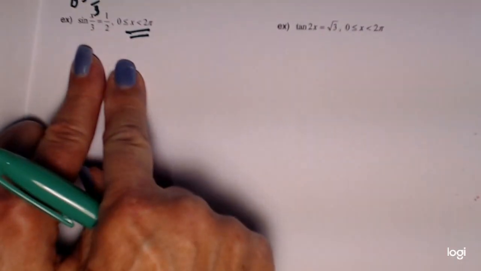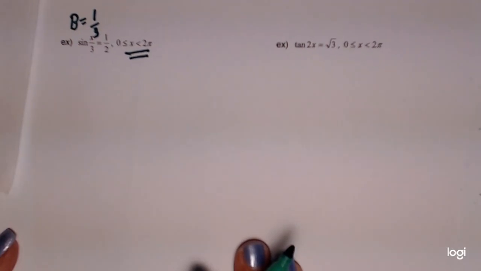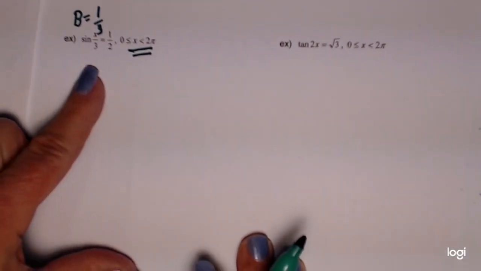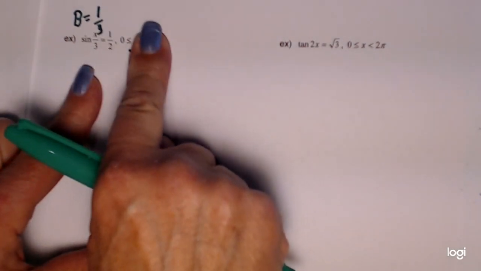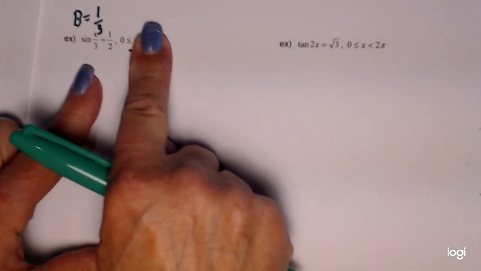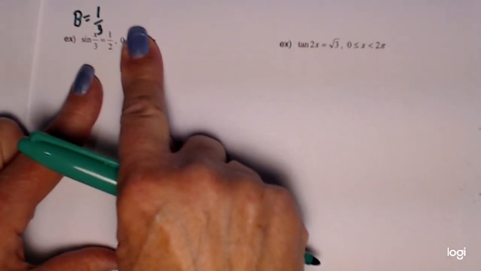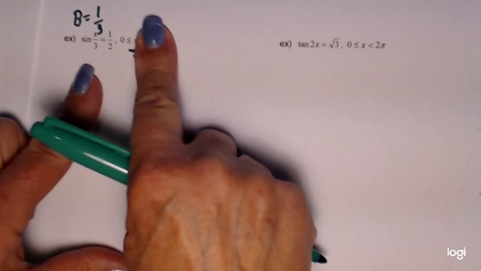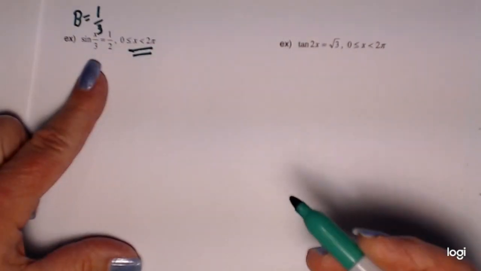Some of you have gotten stymied with this in the past, not knowing if b was 3, but it's 1 over 3. Just push that x away, because remember b is the number in front of the x. When you take the x out of the numerator, you're left with that invisible 1 over 3. So b is 1 over 3.